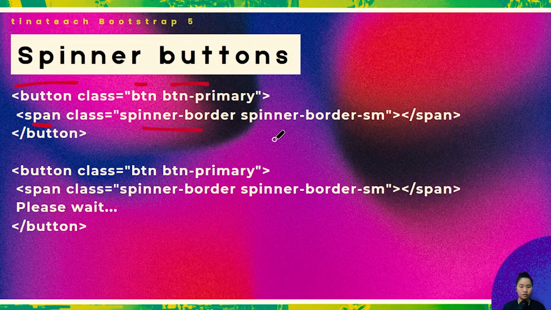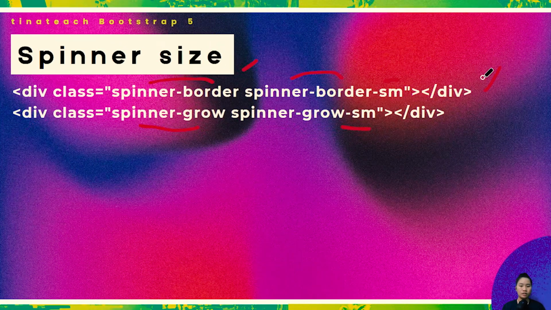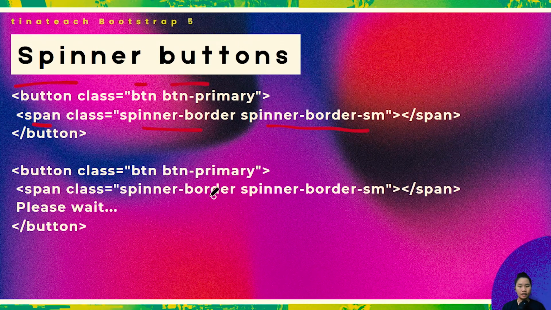Spinner border, classic one, no animation. Spinner border small, the same thing that we see over here. Now down here is the same classic one, right? But the difference is that we have a little text over here. Please wait. Spinner border small, same thing.